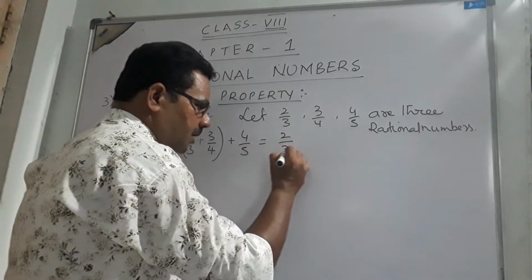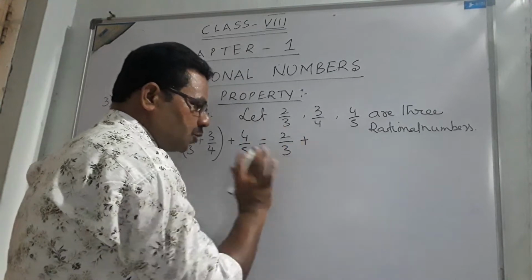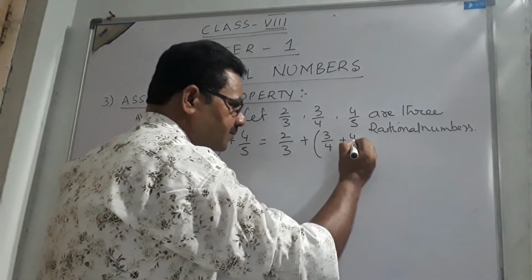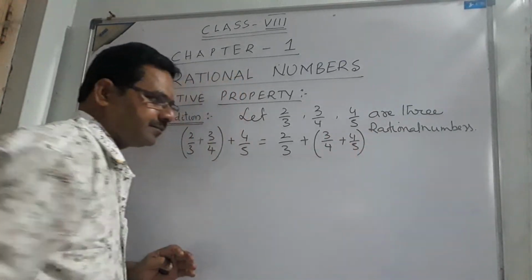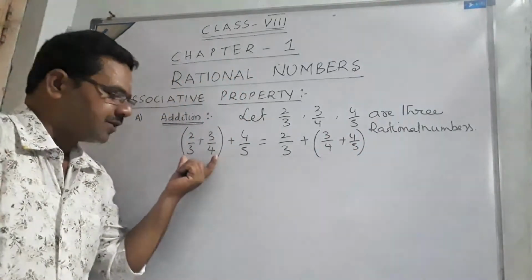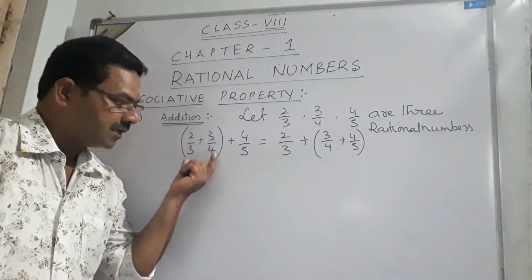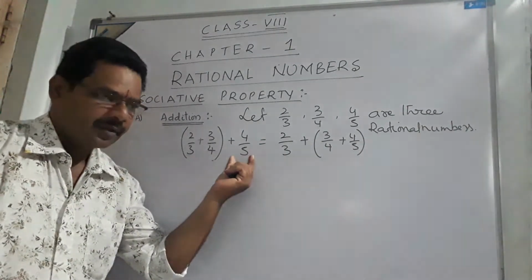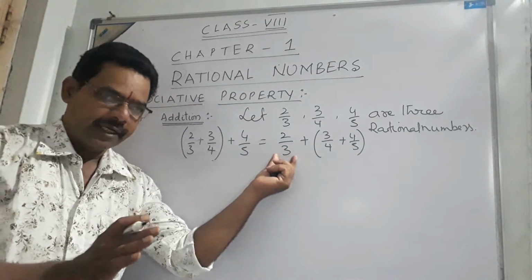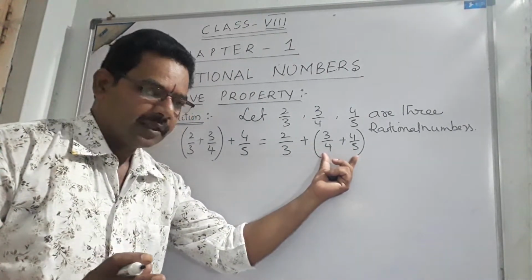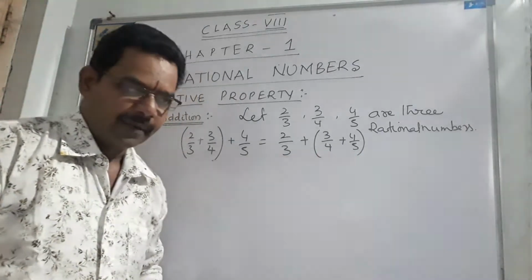In the second part, we take 2 by 3 as it is. Now these two will be in association, they will be combined. So 3 by 4 and 4 by 5 should be added first. After that, 2 by 3 is added to that result.